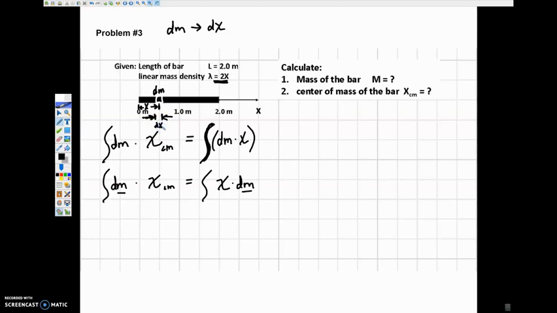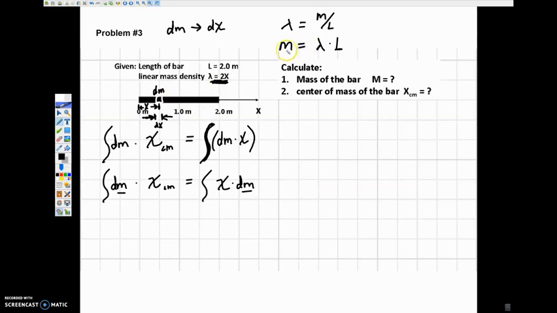And in order to transform between dm and dx, we have to use the linear mass density. Now recall, linear mass density is equal to mass divided by length. And if it was constant all the way down the line, then the mass of the whole rod would equal the constant value of lambda times L. But in this particular problem, lambda changes as you go further to the right.